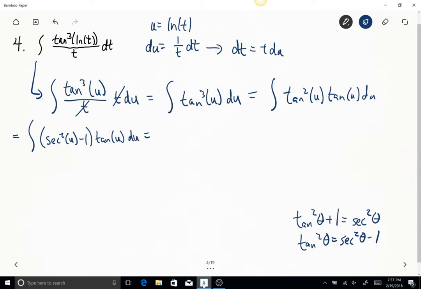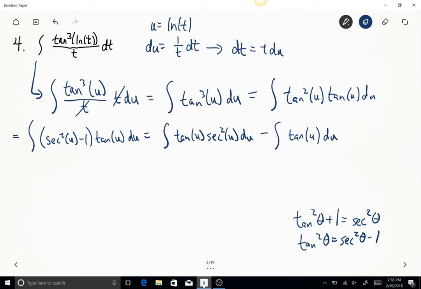And what I'd recommend in this case is probably breaking it up into two different integrals. The first integral will go tan u secant squared u du. And then in the second case, minus the integral of tangent of u du.